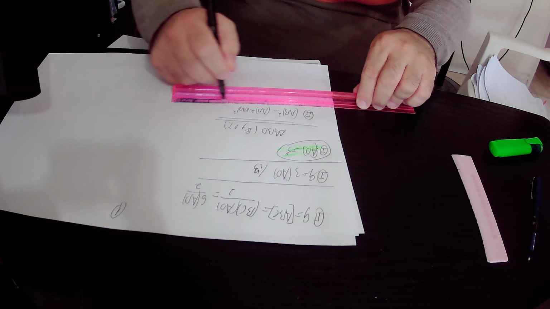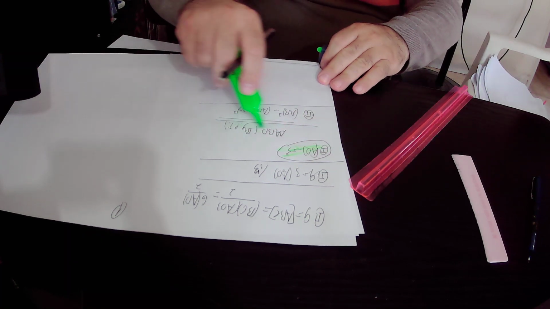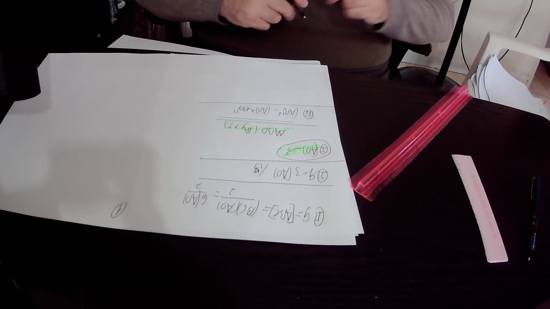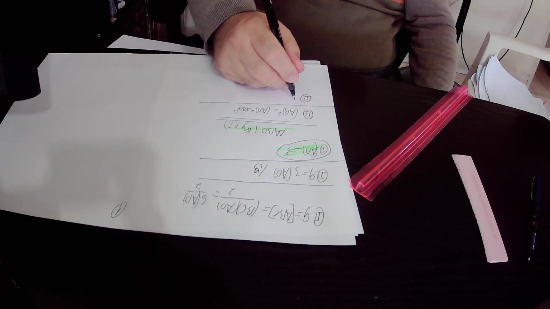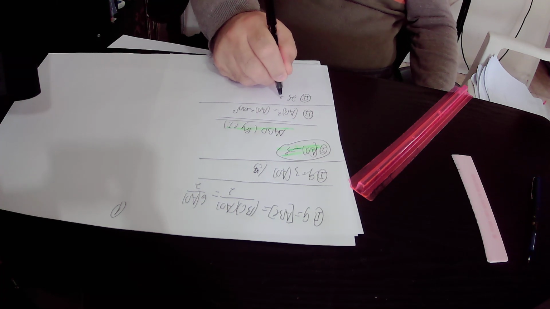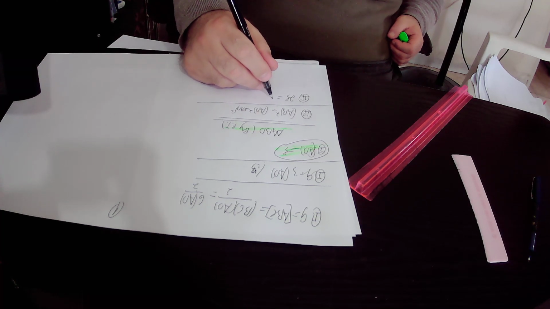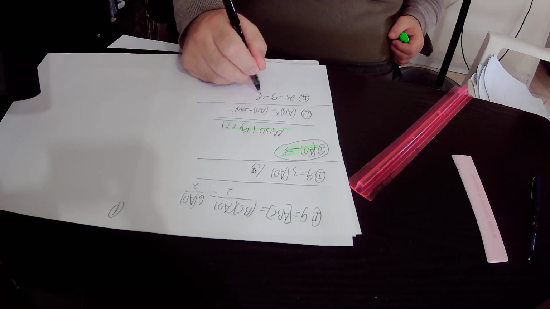We repeat again, in the right triangle ABD, according to the Pythagoras theorem, AB squared equals AD squared plus BD squared. AB equals 5, so AB squared is 5 squared, that is 25, and it is equal to AD squared. AD is 3, so AD squared is 3 squared, that is 9, plus BD squared.